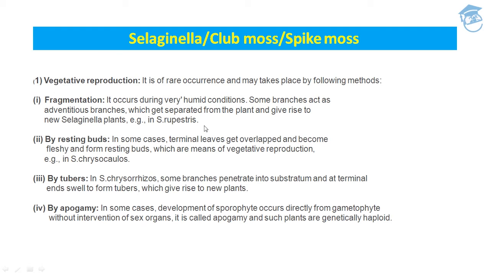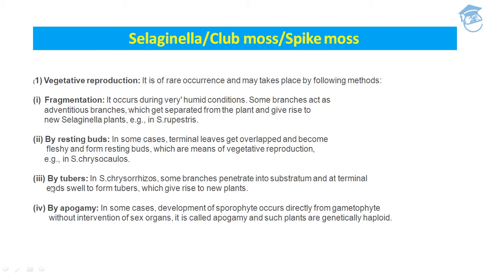Then vegetative reproduction can take place by resting buds too. In some cases, terminal leaves get overlapped, become fleshy and form resting buds, which are a means of vegetative reproduction, as in Selaginella chrysocaulos.